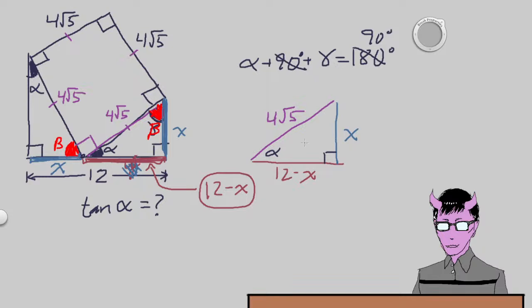Alright, so since this is a 90, this is a right triangle, we can therefore set a squared plus b squared equals c squared. So 12 minus x squared plus x squared is equal to that one squared.